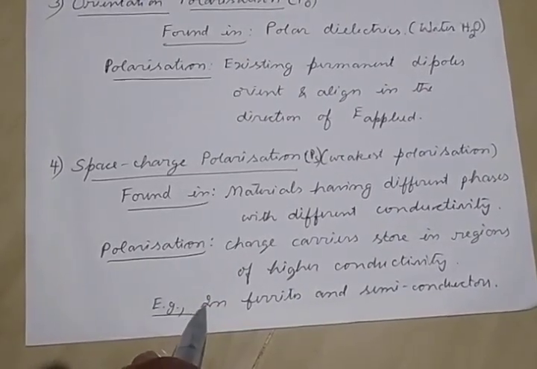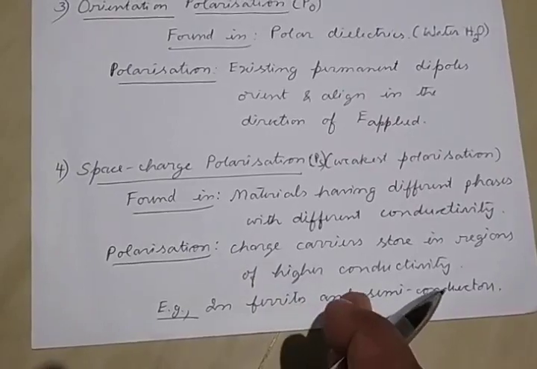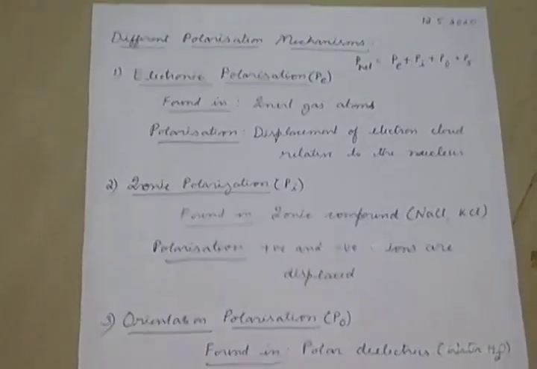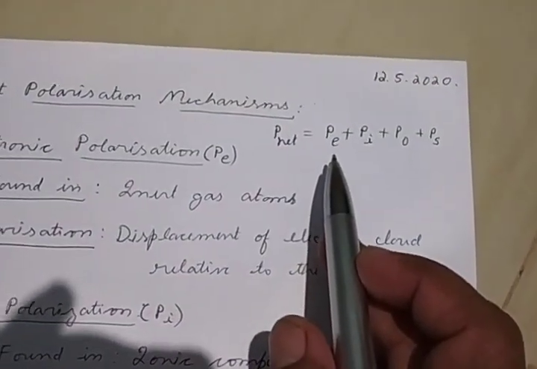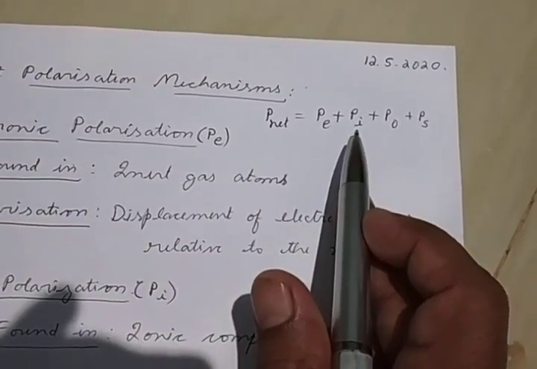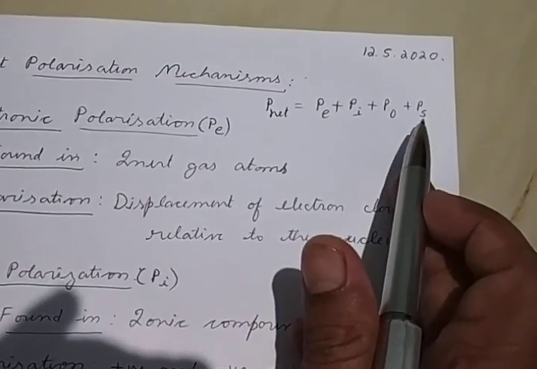An example is that it is found in ferrite and some of the semiconductors. So these are the four types of polarizations found in a given material. Therefore the net polarization is the sum of the electronic polarization, ionic polarization, orientation polarization and space charge polarization.